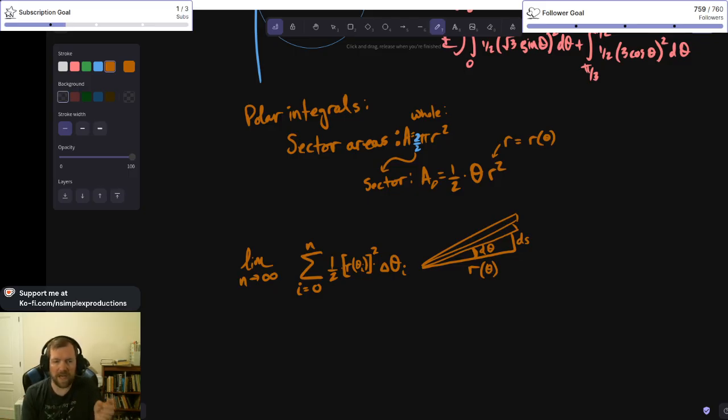As n goes to infinity, it's not going to matter whether the delta thetas are bigger or smaller than each other. There's going to be an infinite number of them, so they're all going to get tinier and tinier. And eventually, this all ends up being equal to our integral from theta 1 to theta 2 of 1/2 r of theta squared d theta.